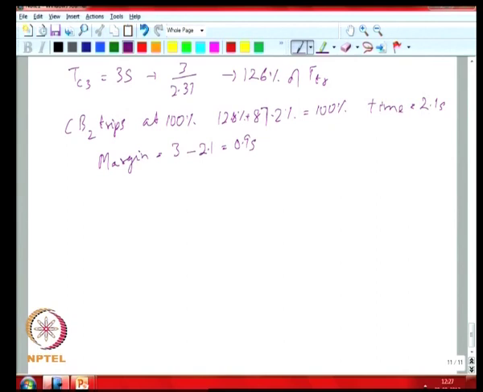So, one thing you could do is verify through calculations that at IF of 524 amps, your CB2 trip will coincide with R lockout.